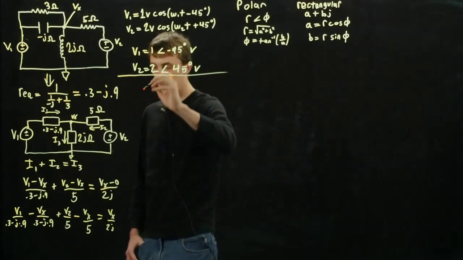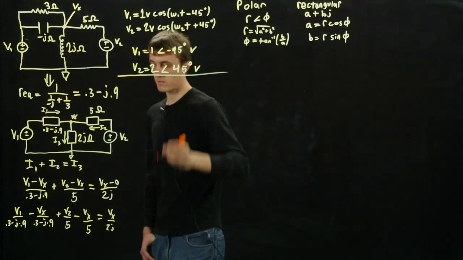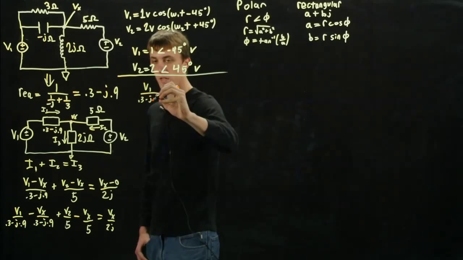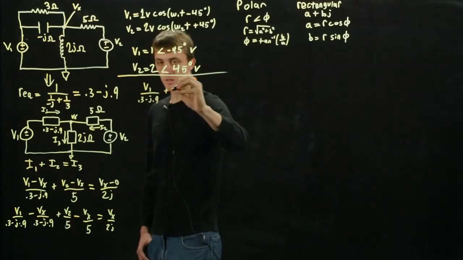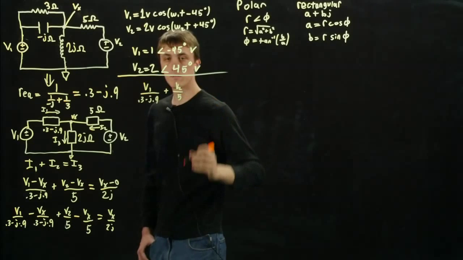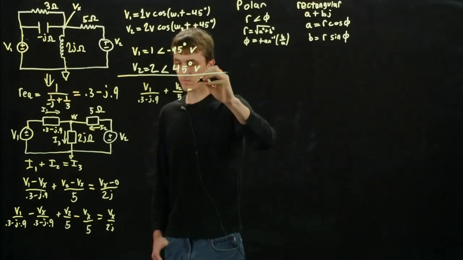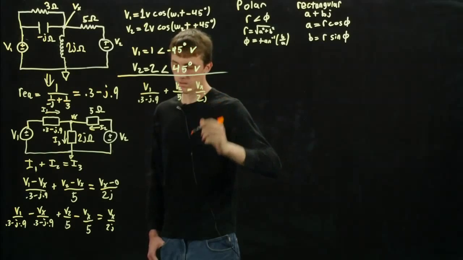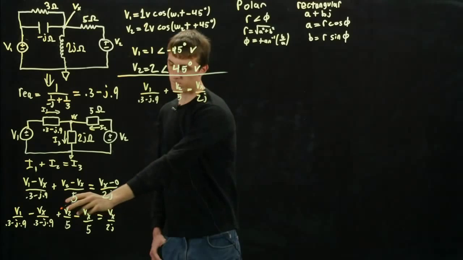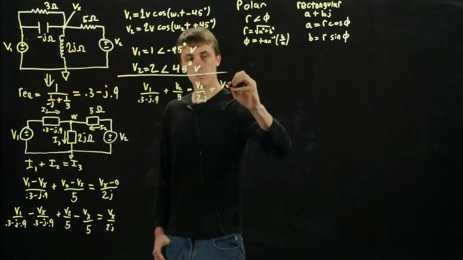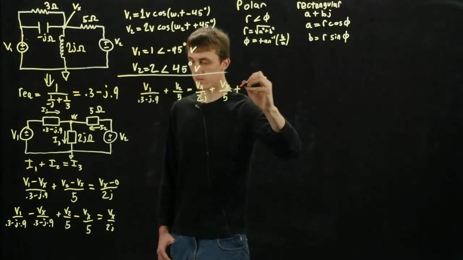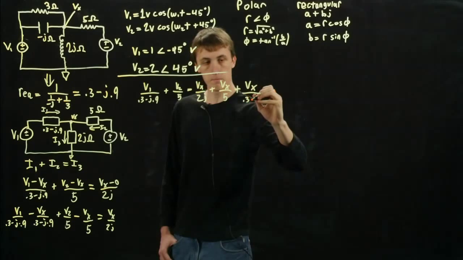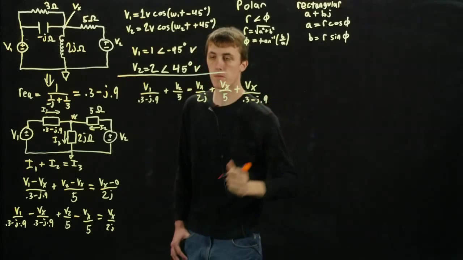Start writing up here. Move all our Vx's to one side. We end up with V1 over 0.3 minus j 0.9 plus V2 over 5 is equal to Vx over 2j plus Vx over 5 plus Vx over 0.3 minus j 0.9.